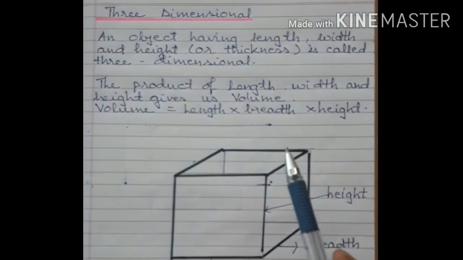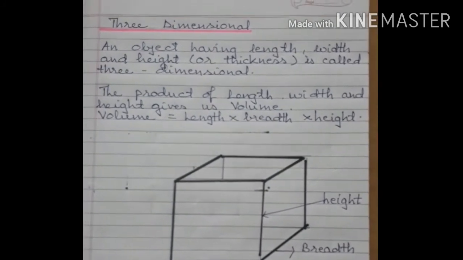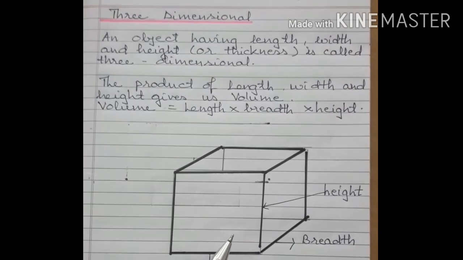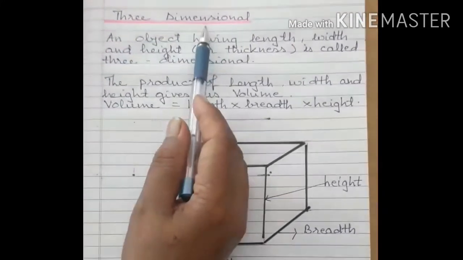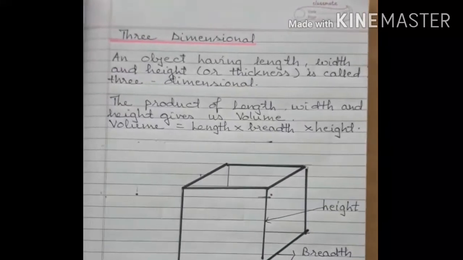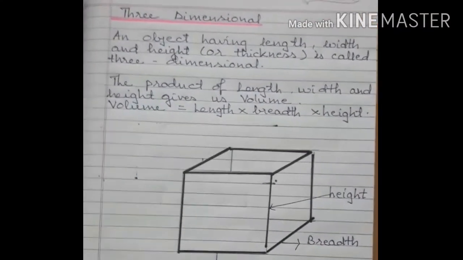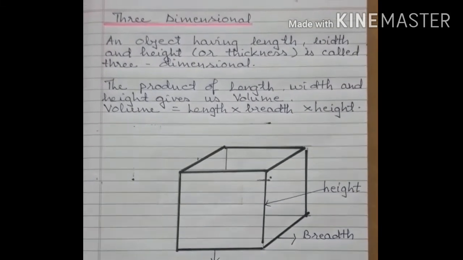So you can say an object having three dimensions such as length, width, height or thickness is called a three-dimensional object. For example, duster, box, glass, pot, hill, the moon, etc. Now see this box. This box is three-dimensional because it has thickness.